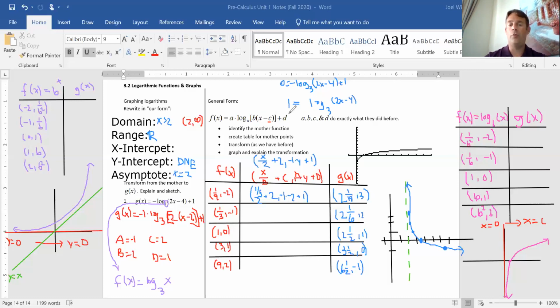So we're going to change the form now. We're going to leave log form and go to exponent form. So my base here will become the base of my exponent. And I'm going to change what it's with. So 3 to the first equals 2x minus 4.